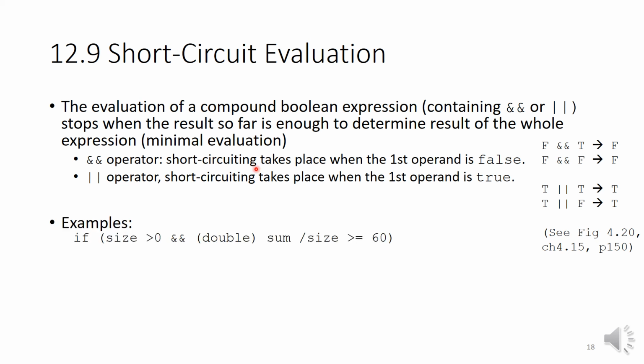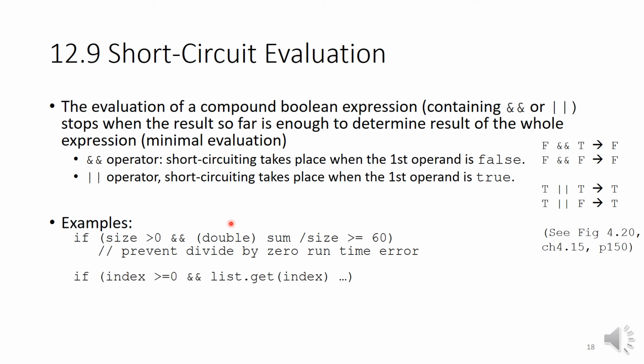Here are some examples. The first example checks the size before calculating the average. Short-circuit evaluation prevents a divide by zero error. The second example checks whether the index is valid before calling get. Short-circuit evaluation ensures only a valid index can be used with get.